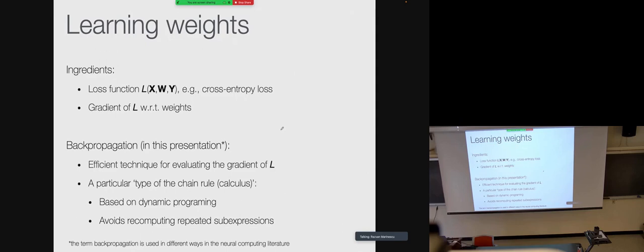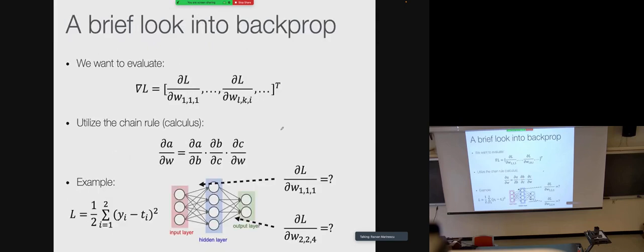We don't recompute them multiple times. We have to keep track of which ones we have done, and we don't solve them again. So it avoids recomputing the sub-expressions repeatedly. This is what dynamic programming does. It does not do it twice.